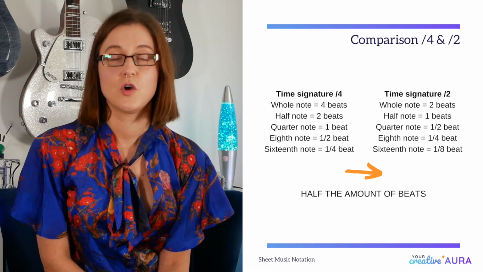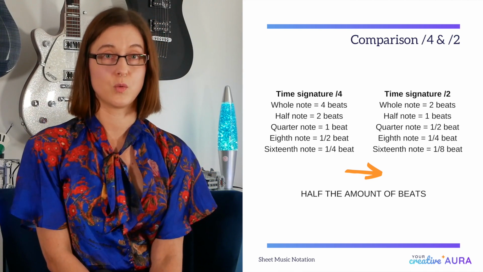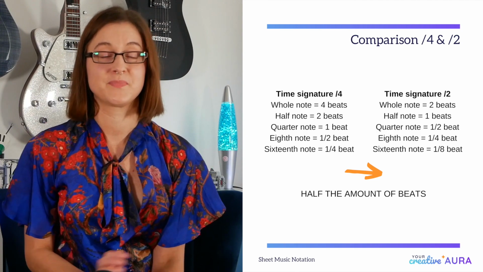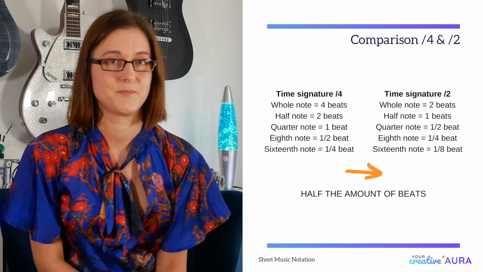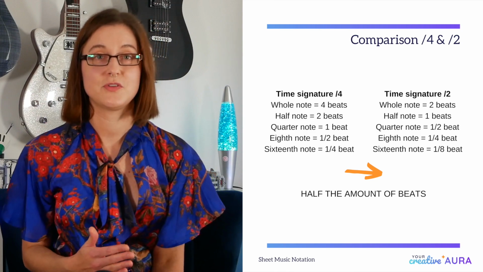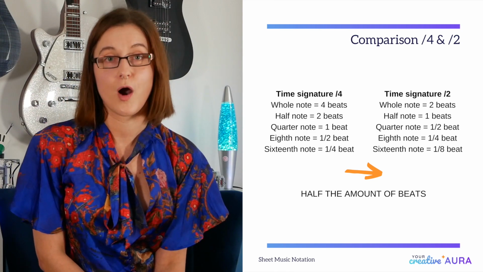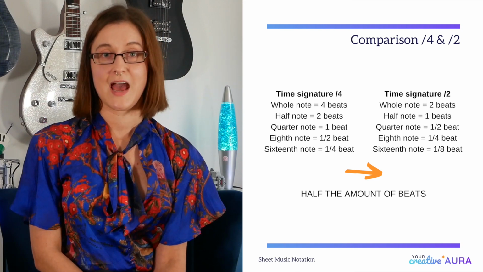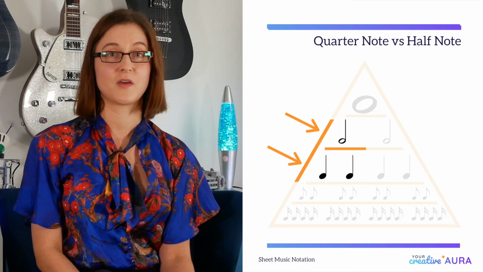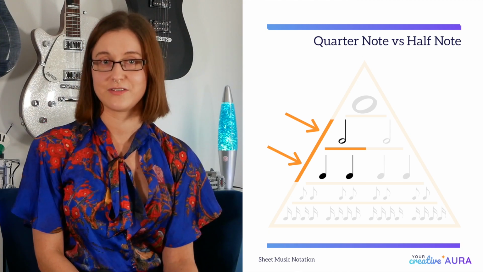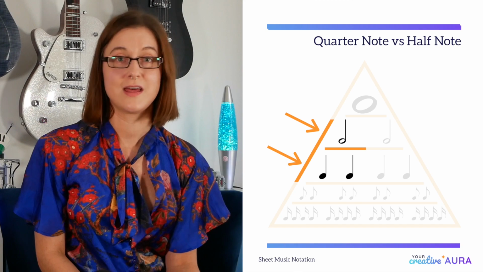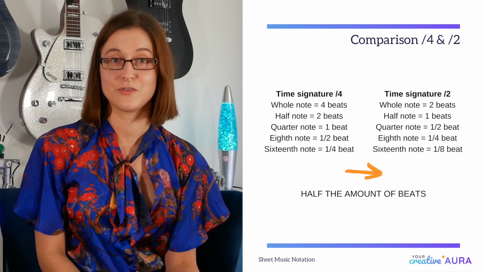A half note, which was 2 beats in the quarter note time signature, is now only worth 1 beat in the half note time signature. So each note is now worth half the number of beats compared to the quarter time signature. And this is because of the relationship between the quarter and the half note. A quarter note is half of a half note, therefore the beat count is halved.